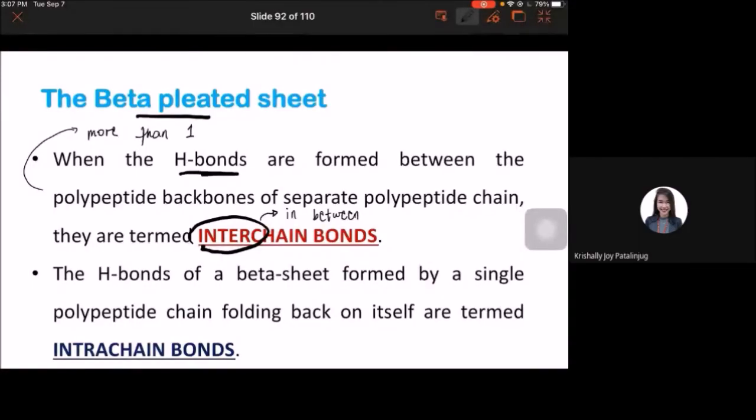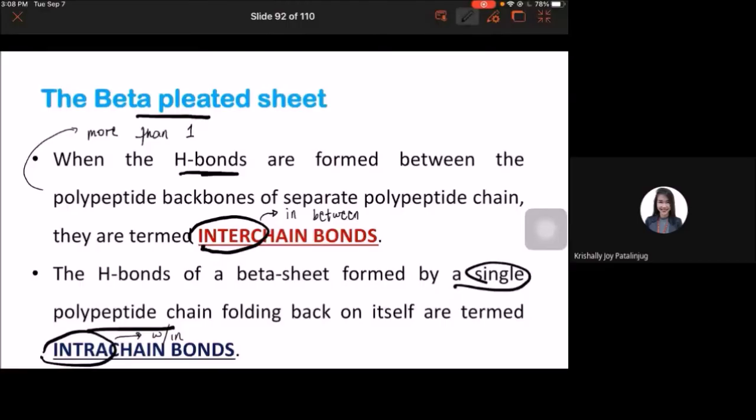Now, kapag naman intra-chain, it is expected na ang na-form na polypeptide chain sa isang beta pleated sheet ay isa lang. Okay? Isa lang na polypeptide chain. From the word intra, di ba, pag sinabing intra, within. Intra is within that single chain. Okay?